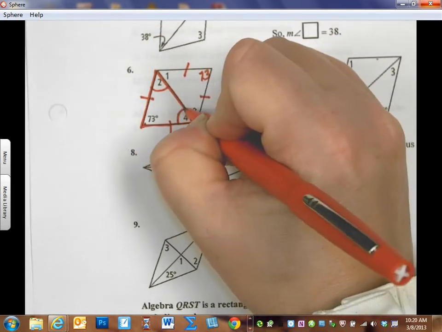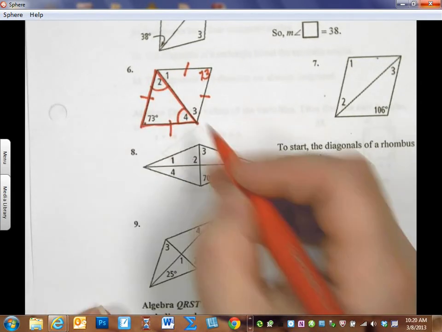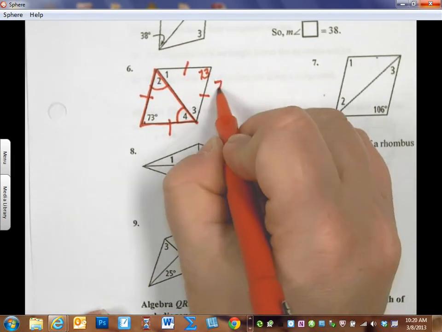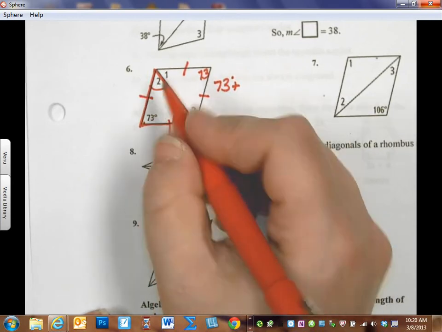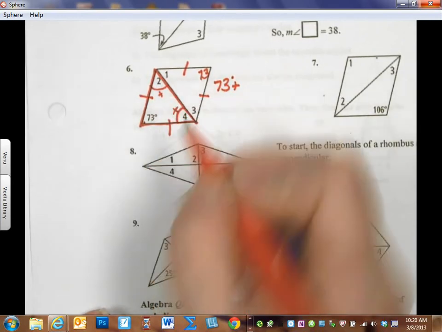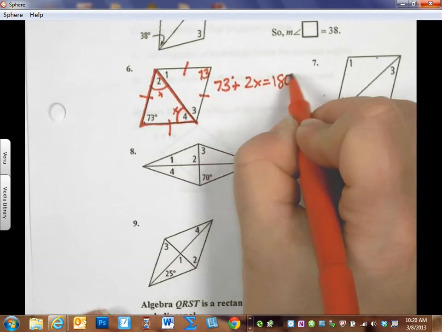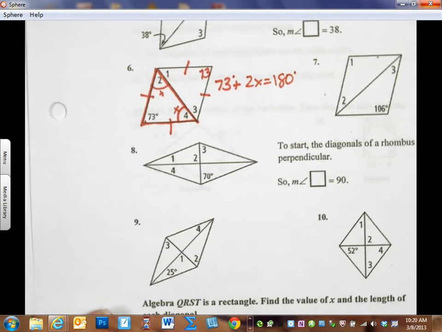Base angles are congruent. So how are we going to find this? What do all 3 angles in a triangle add up to? 180. So 73 degrees plus, these two are the same, right? So let's call them both x in this picture. Plus 2x equals 180 degrees. And then solve for x. And it'll give you one of those angles.